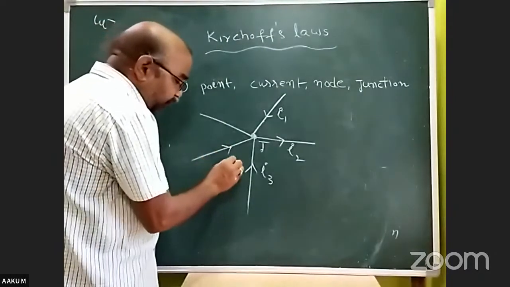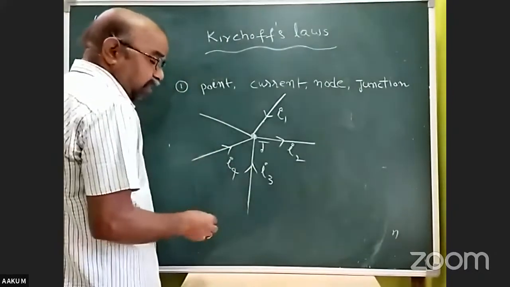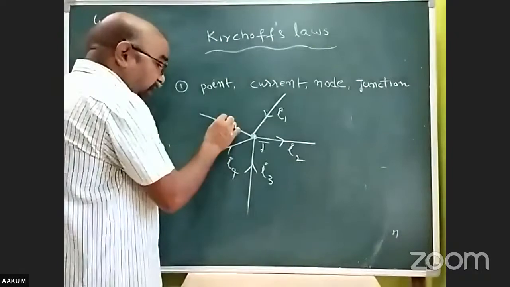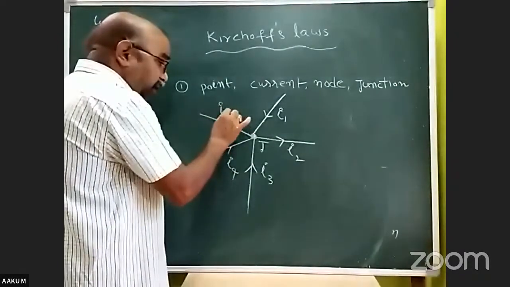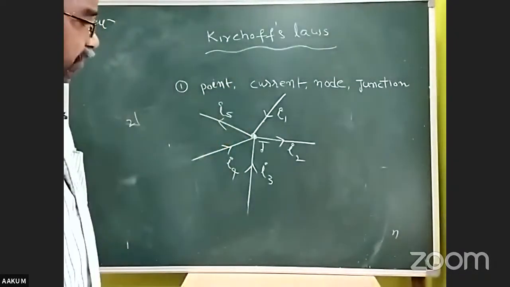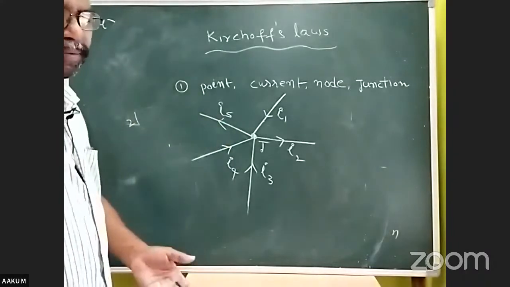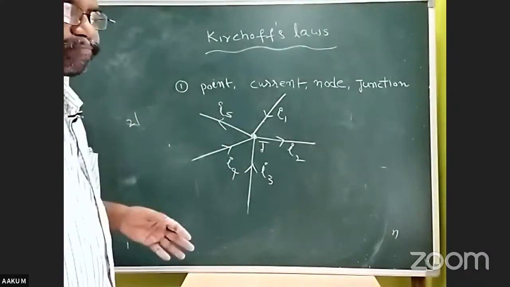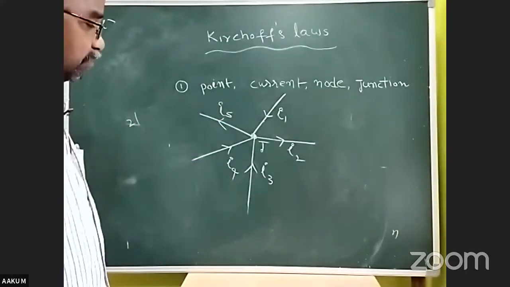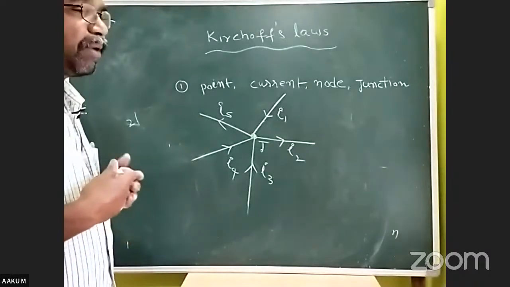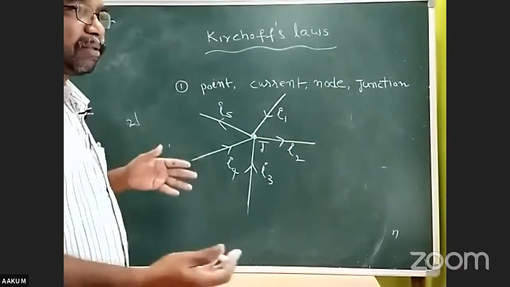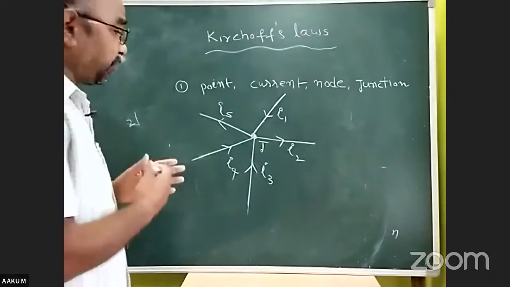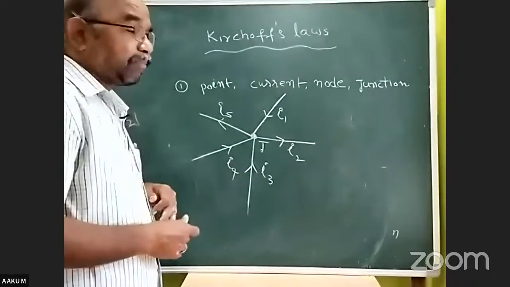Another current I4 is coming. And I5 amperes current is leaving the junction. Whatever it may be, they will give like this. At the junction, 5 currents are meeting. Some currents are approaching the junction. Some currents are leaving the junction.